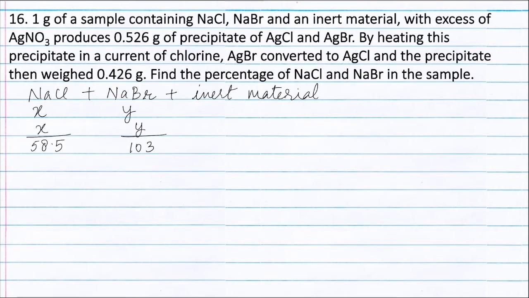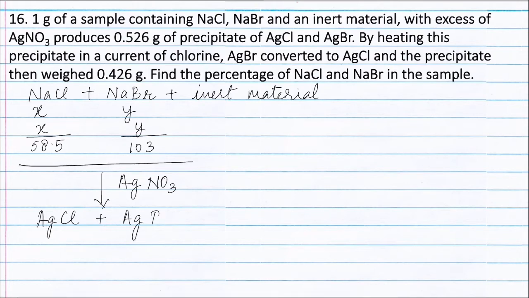Now NaCl and NaBr both are made to react with AgNO3, and the product formed is AgCl plus AgBr.